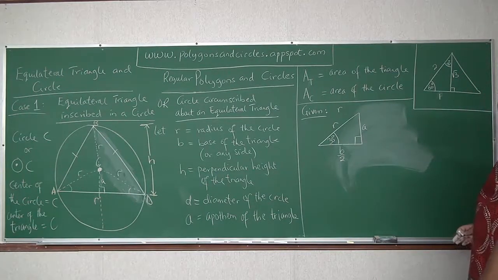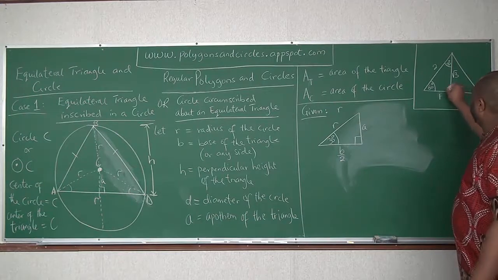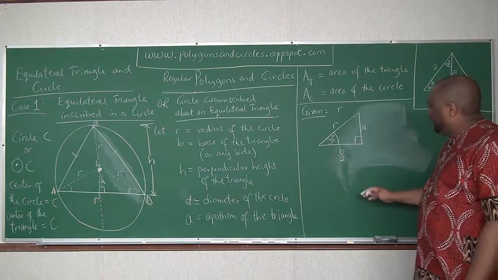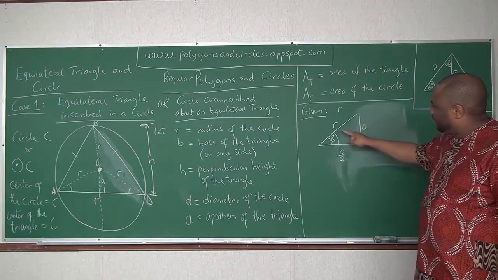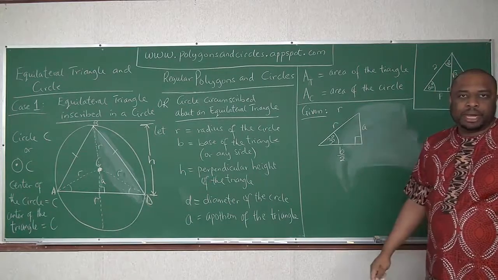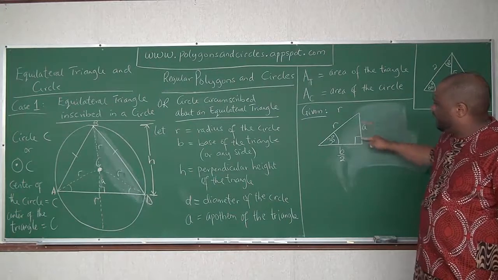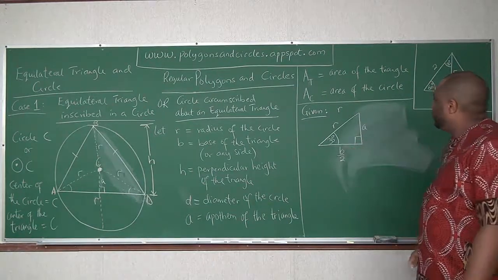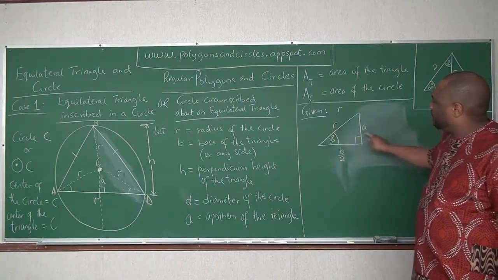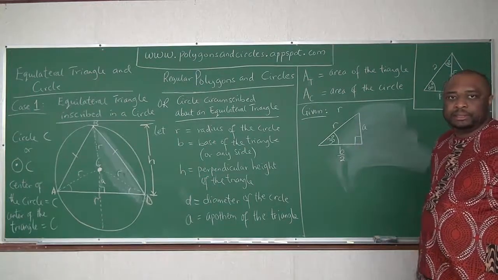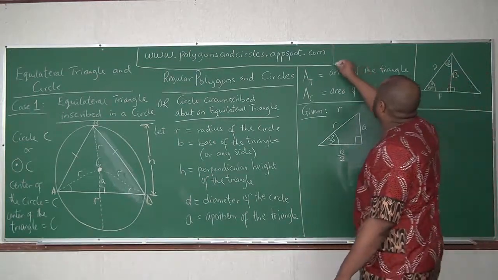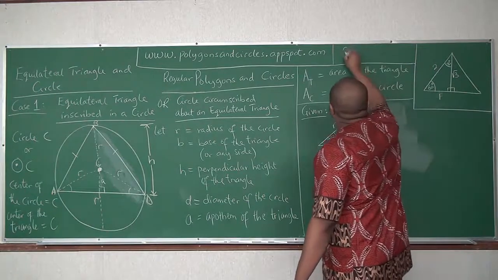So we see that this is the hypotenuse, this is the opposite, and this is the adjacent. So what connects hypotenuse and opposite? SOHCAHTOA, sine.